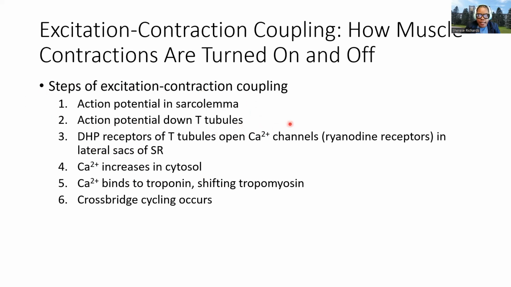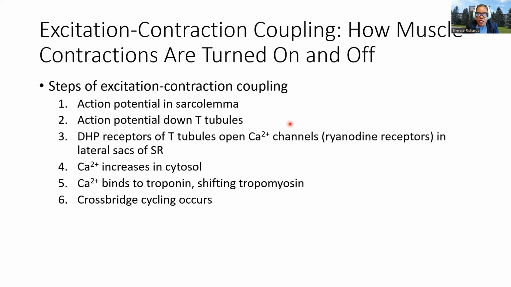So the action potential gets to the sarcolemma. Remember, the sarcolemma is the fancy term for the muscle membrane, similar to the cytoplasm's boundary. When we think about the action potential arriving there, it travels down the T-tubules, remember the T-tubules being the invaginations along the muscle, and that triggers the DHP and ryanodine receptors.